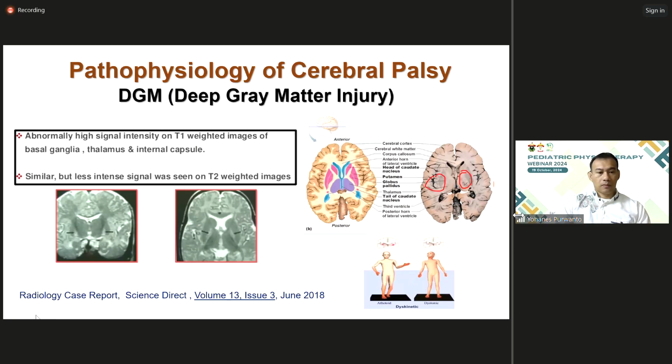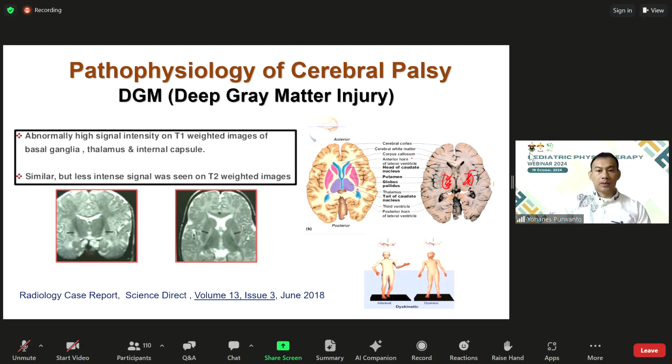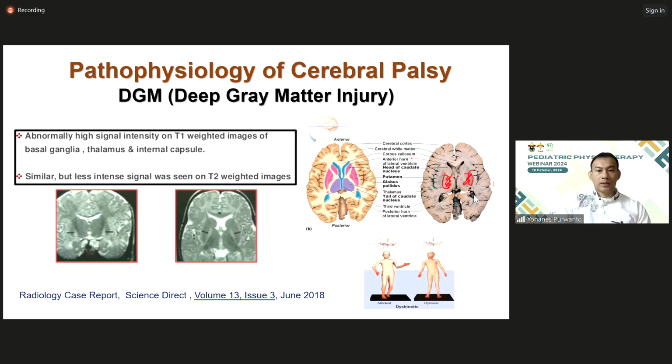Because the lesion is in the basal ganglia, which controls movement, the form of cerebral palsy is dyskinetic.